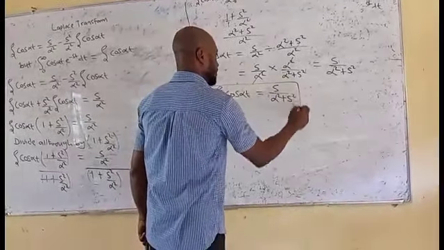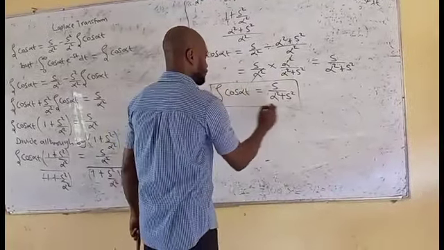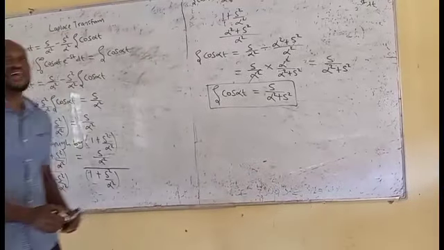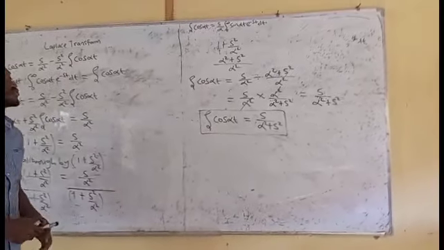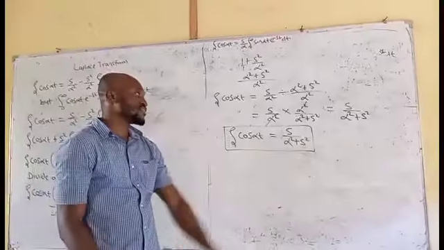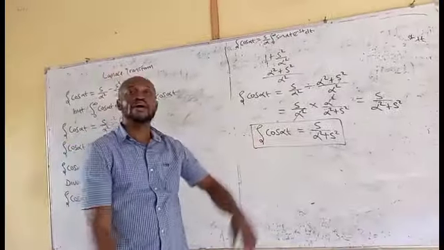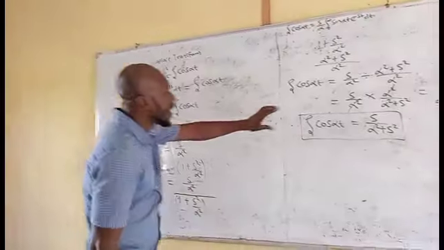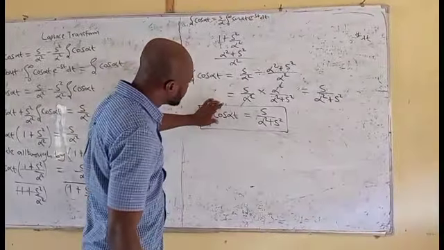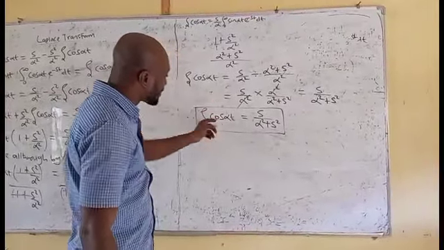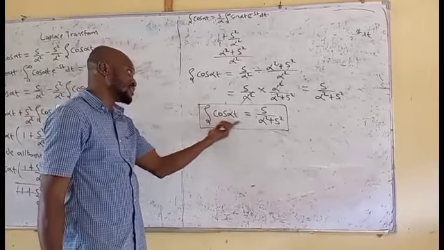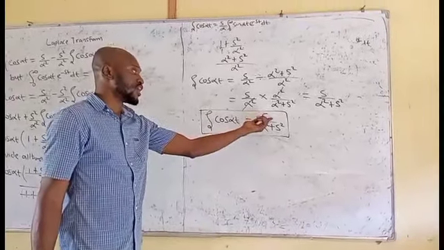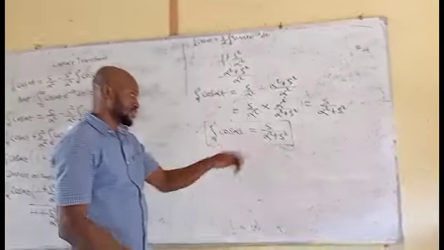So this is the final answer. This is the derivation of Laplace transformation of cos alpha t to give you s over alpha squared plus s squared. So now I've gotten my Laplace transformation of cos alpha t, which is s over alpha squared plus s squared.